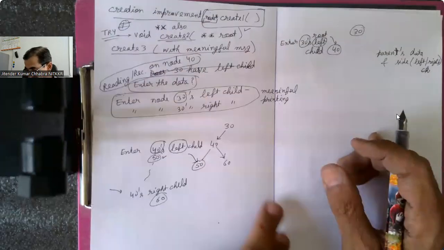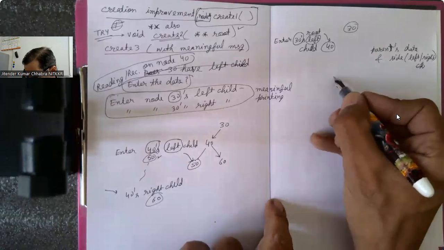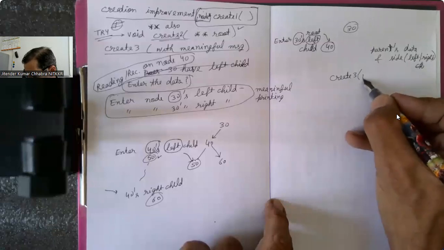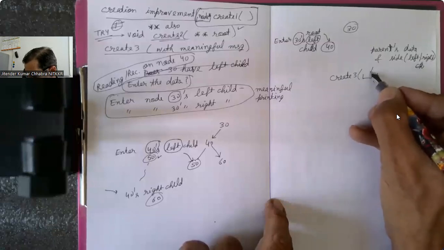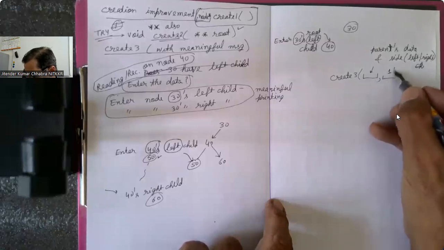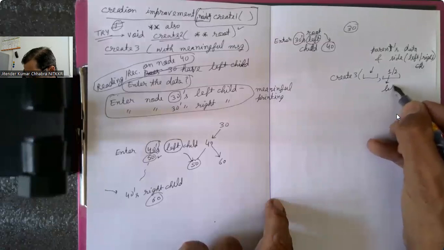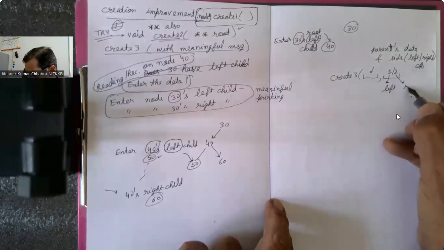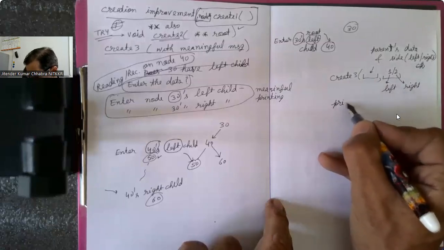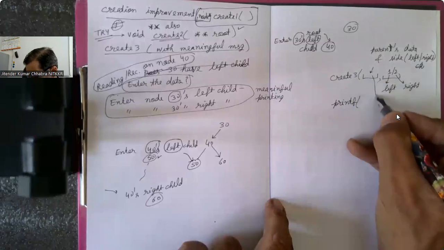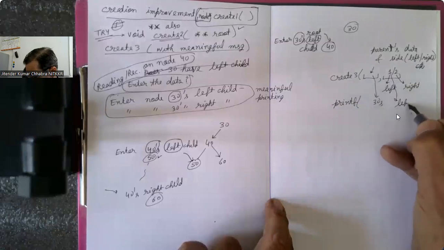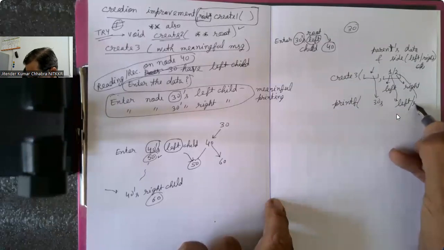So what I need here is that whenever the create function is called, create 3 can be implemented by supplying the parent's data and, let's say, 1 or 2, where 1 means I want to read the left side's data, 2 means I want to read the right side's data. And accordingly, your printf message takes care of printing this data. Enter 30's left side or right side.